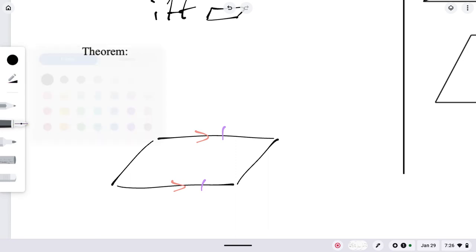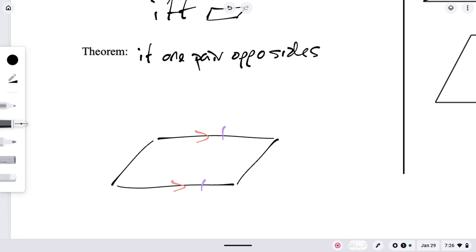So when it's all said and done, if you're trying to prove that something's a parallelogram, all you need is one pair, but you need that pair to be both congruent and parallel, then you would know you have a parallelogram.